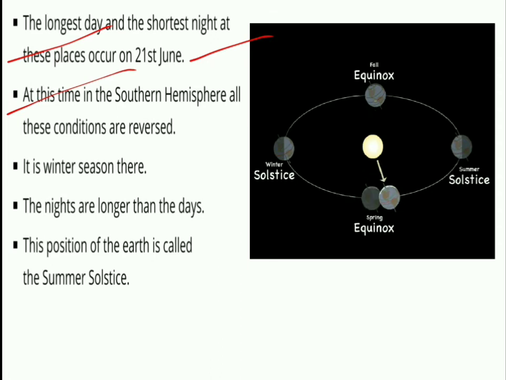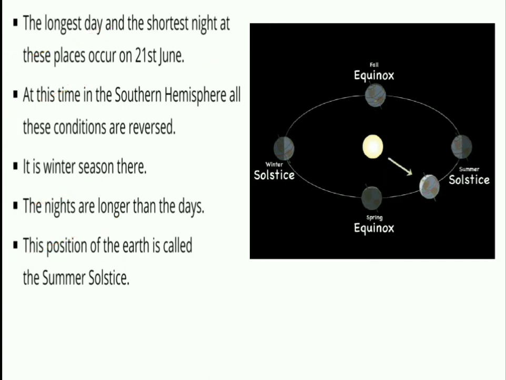So the southern hemisphere experiences the winter season. The nights are longer and the days are shorter in the southern hemisphere. So this climatic condition is the coldest compared to the northern hemisphere. This position of the earth is called the summer solstice.